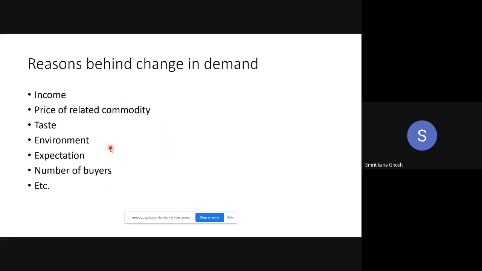Okay. Expectation, how is expectation working? Today, I am thinking that, okay, I have some shares of ITC and I am expecting that tomorrow the price of the share will increase. So what will I do? Today, I will purchase more ITC shares so that when tomorrow the price increases, I can sell them and get a significant profit. Do you get my point? If I am a share broker, then I can do it.